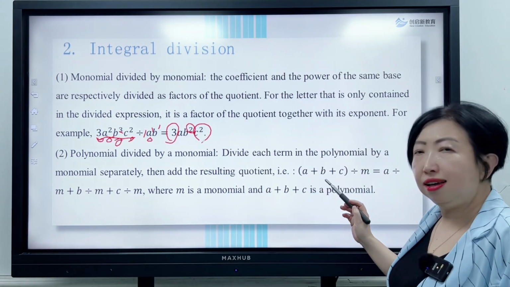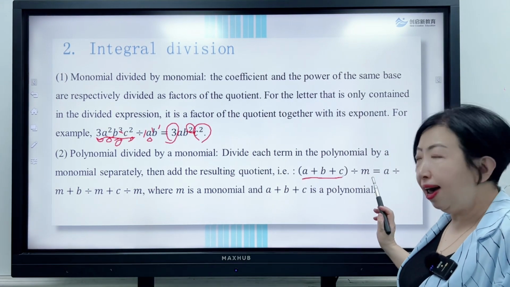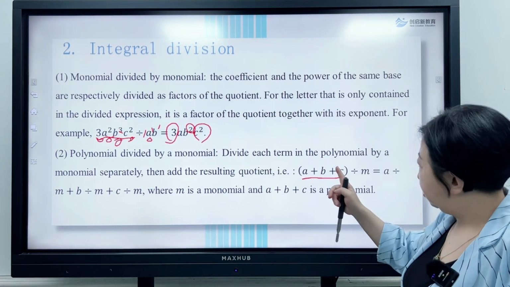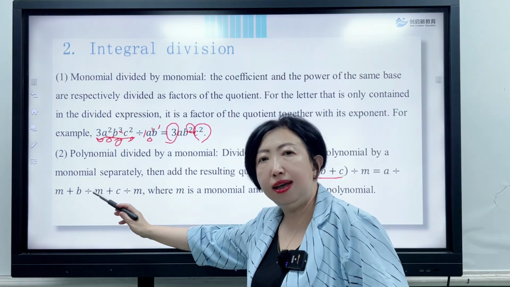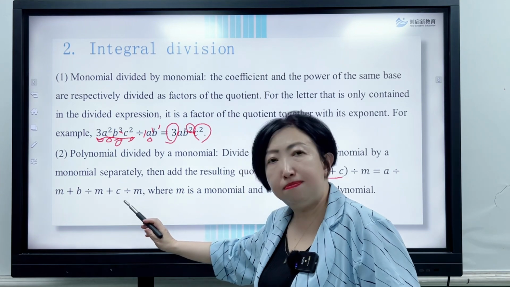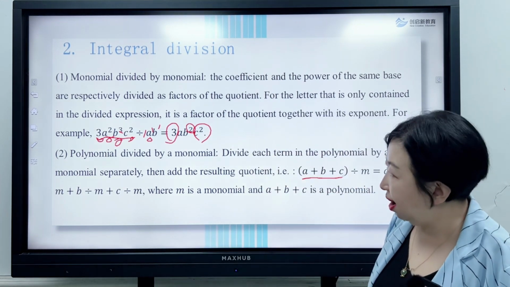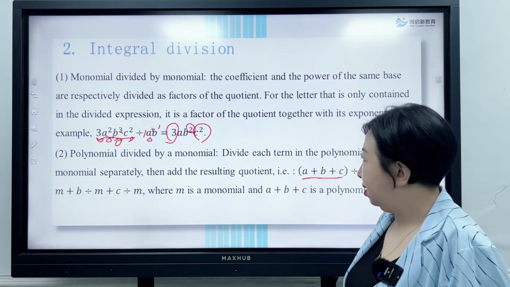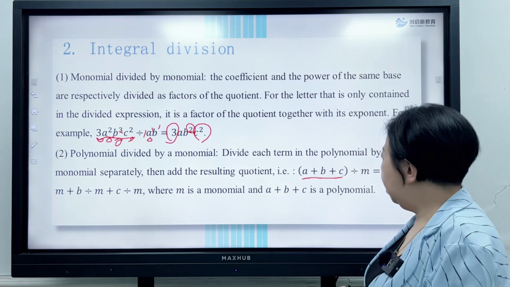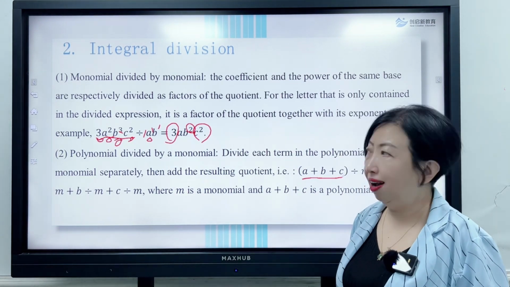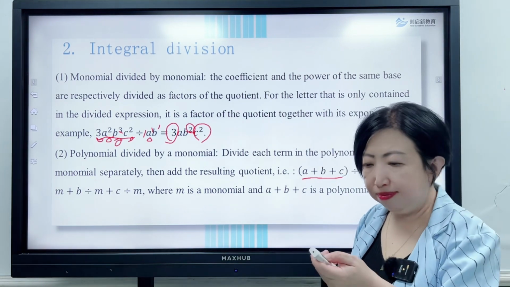Expressed like this: (a + b + c) divided by m equals a divided by m plus b divided by m plus c divided by m, where m is a monomial and a plus b plus c is a polynomial. Polynomial divided by a monomial.